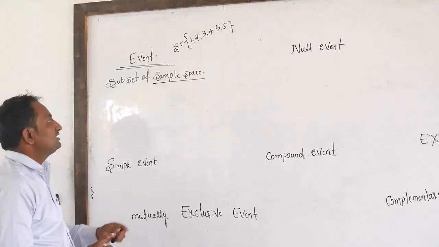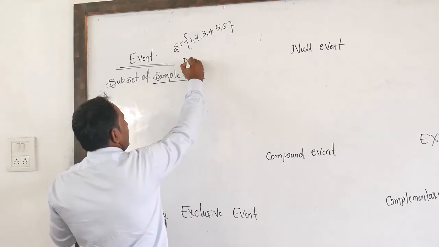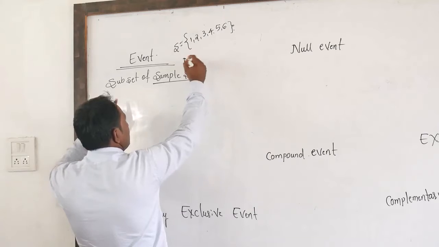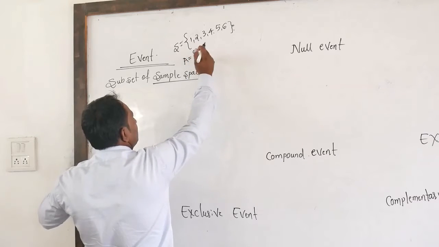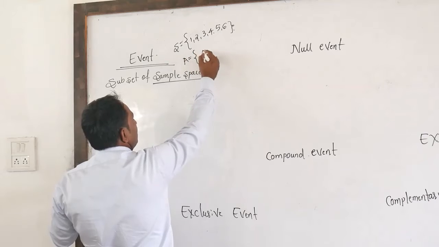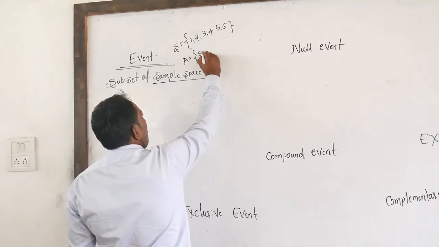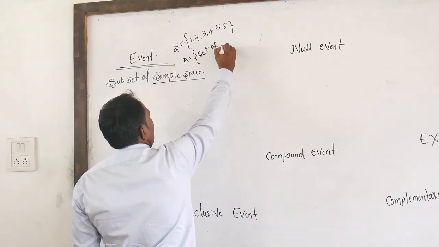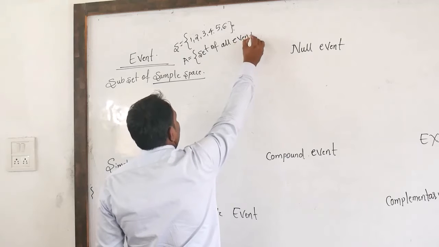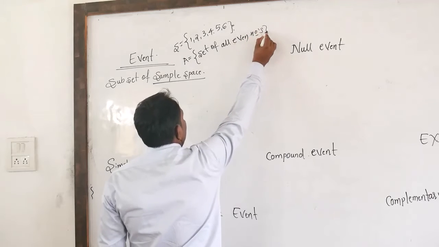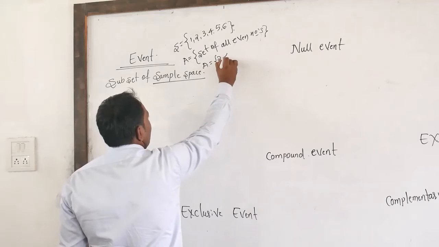Consider this sample space. We can take one subset, for example an event A, the set of all even numbers, that is A equals {2, 4, 6}.